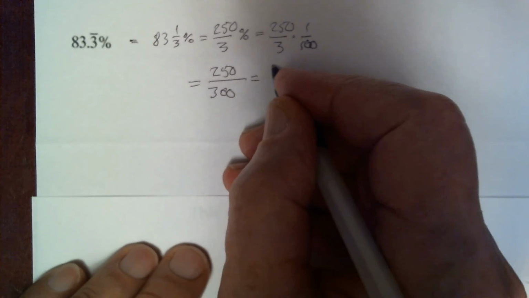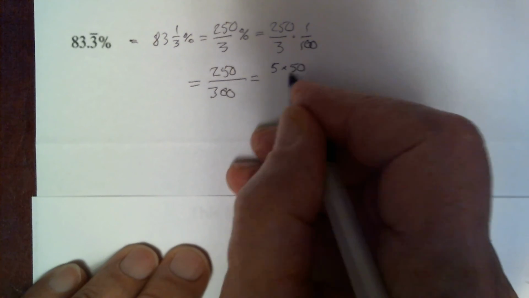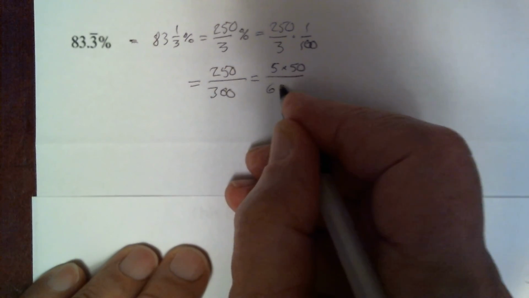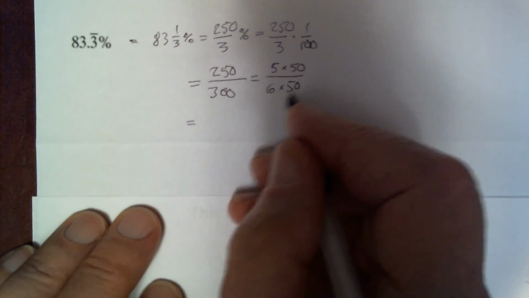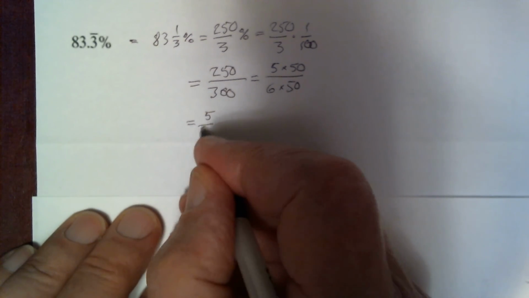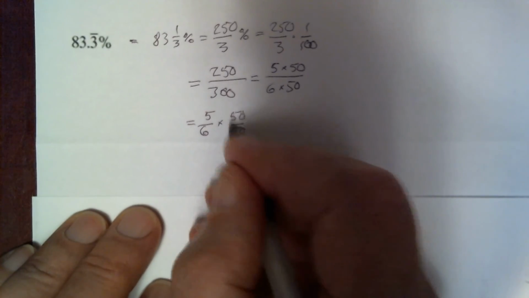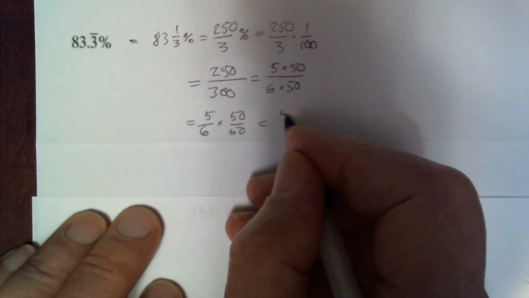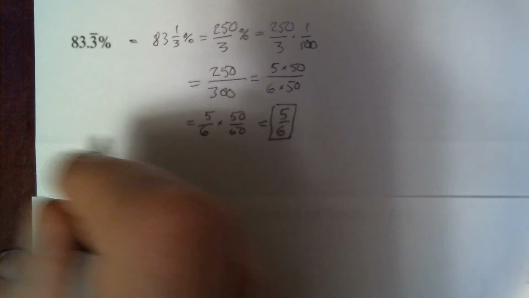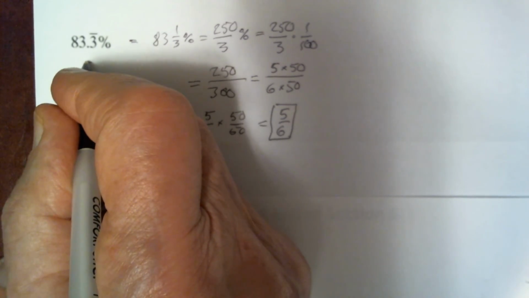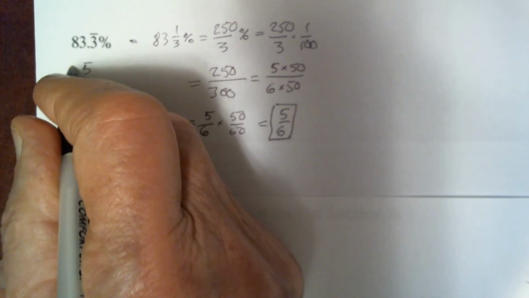Which is equal to 5 times 50 divided by 6 times 50. So we have 5/6 times 50 divided by 50, which is equal to 1. So the final answer is 5/6. So 83.3 with a bar percent is equal to 5/6.